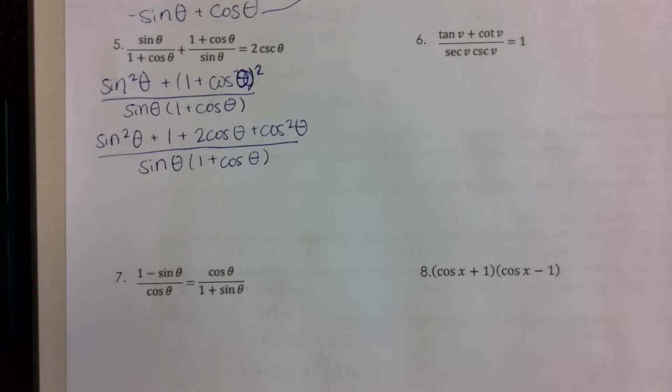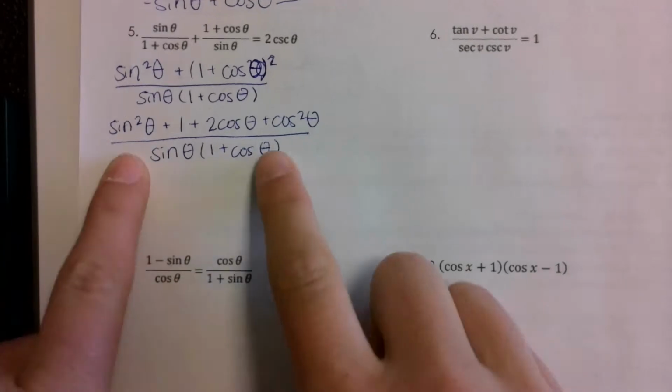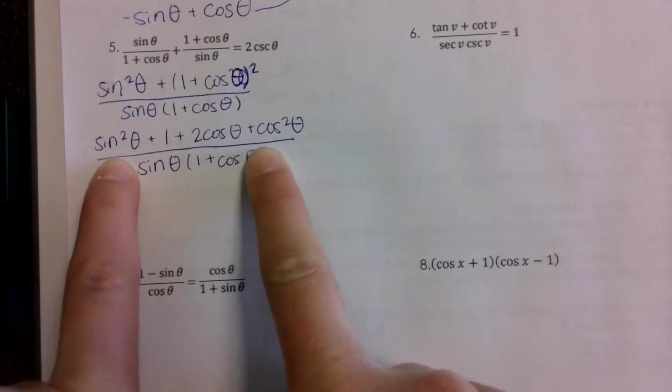Look up there on the front. See if there's anything that might be able to help right now. Can we just say that sine squared plus cosine squared is 1, and get rid of both of those?